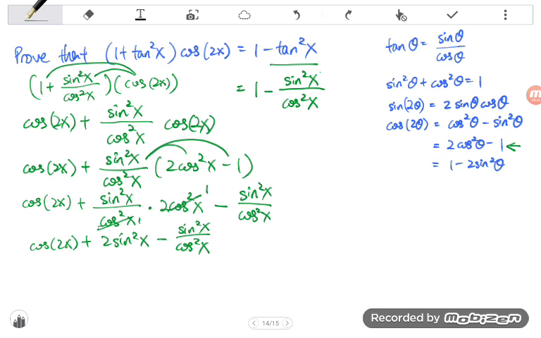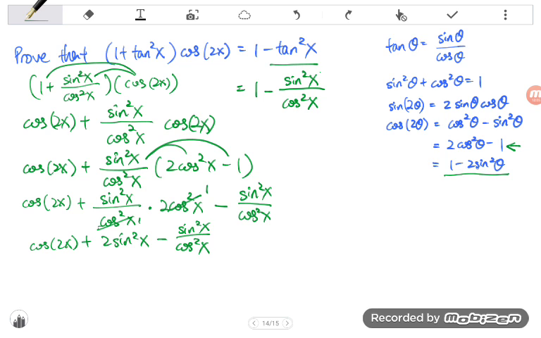Cos 2x, I'm going to, okay, I know what to do. I'm gonna use this one for now. And you might ask me why? Because if I replace my cos 2x with this one, with this right here, I will get a minus 2 sine square x.